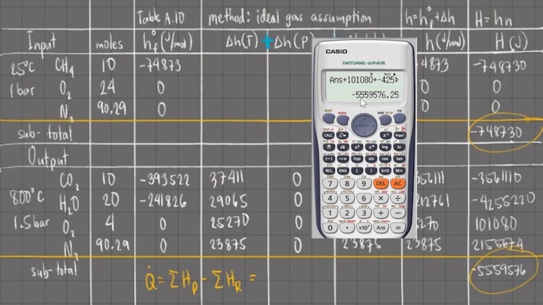That is negative 5,559,576 minus negative 748,730. These are all in joules. Converting this to kilojoules by dividing by 1,000, we have negative 4,811 kilojoules. But since our initial basis was for 1 second of operation, we can have this as kilojoules per second. This is now our rate of heat transfer from the reactor.